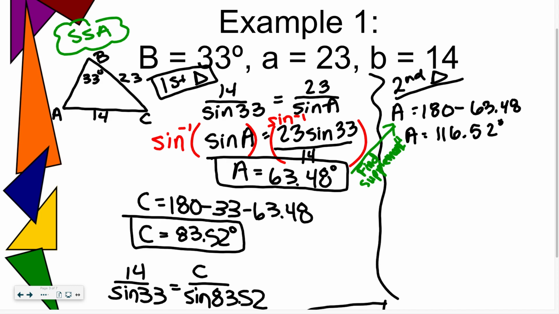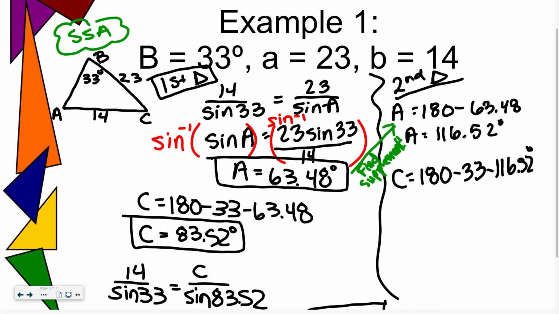After we found A, then we found angle C. So if C exists, it would be 180 minus 33 and minus this new angle A. Like, what if angle A was actually an obtuse angle? Does angle C exist? 180 minus 33 minus 116.52 is 30.48.